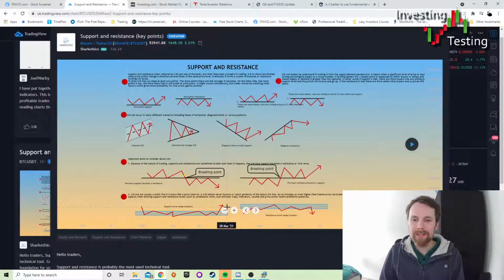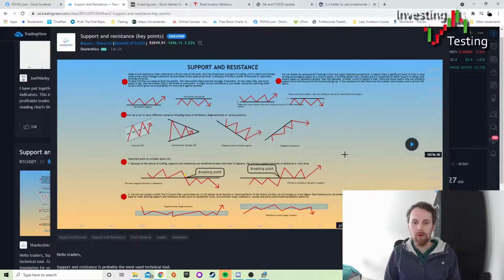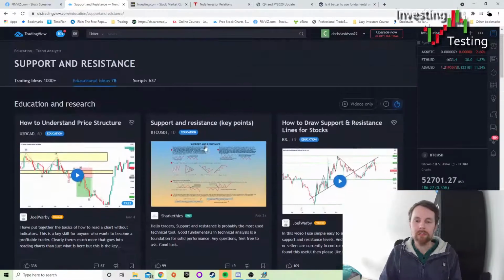Now, technical analysis can be used for predicting the future based on people's behavior. What I mentioned with the resistance and the support lines is the basics of technical analysis. When you dive deeper, you can see there's a whole variety of different things you can check.